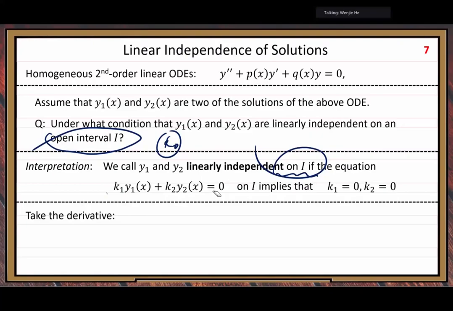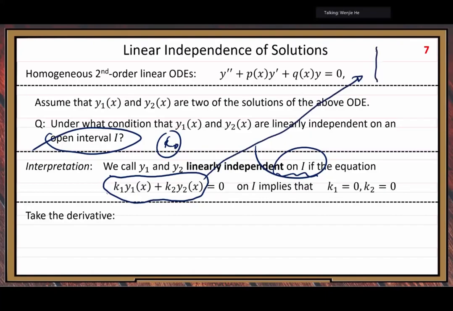So this function equals 0 on the whole interval. Some function, and this function equals 0 on the whole interval.